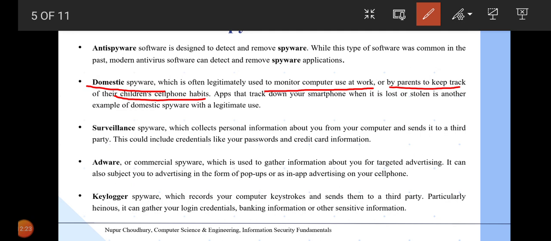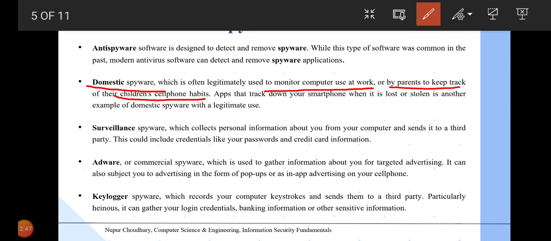However, in surveillance type of spyware, the attacker will directly spy into the system and send all your information related to the system as well as your personal accounts to a third party. So this could include credentials like passwords and credit card information, which could be misutilized.